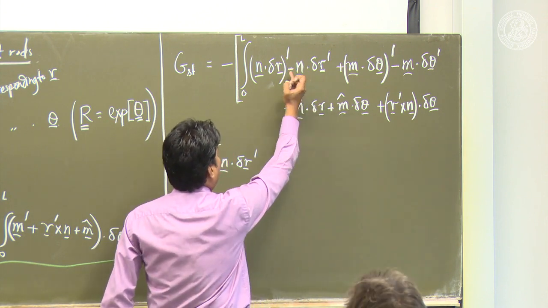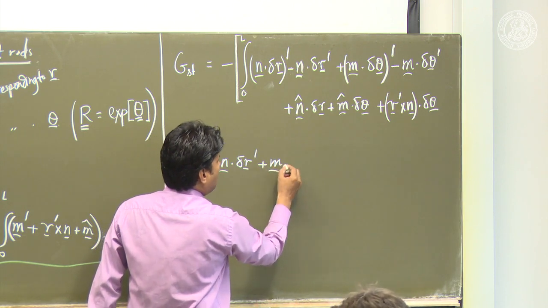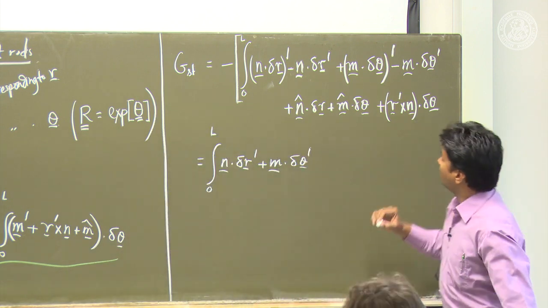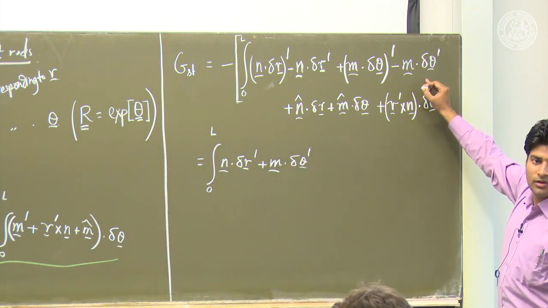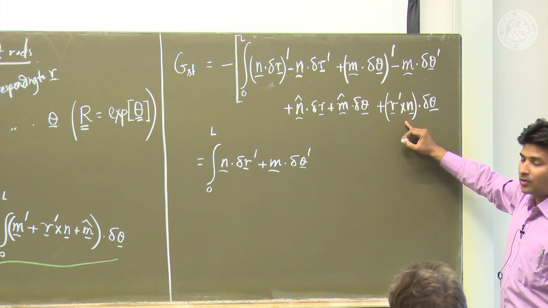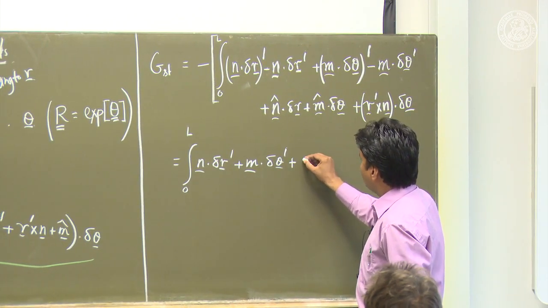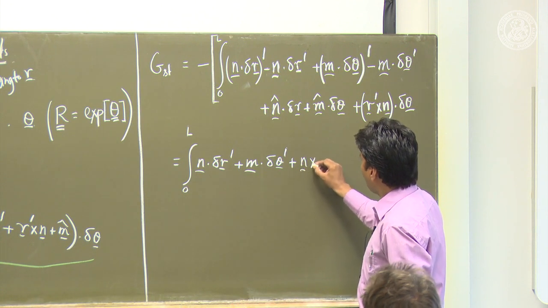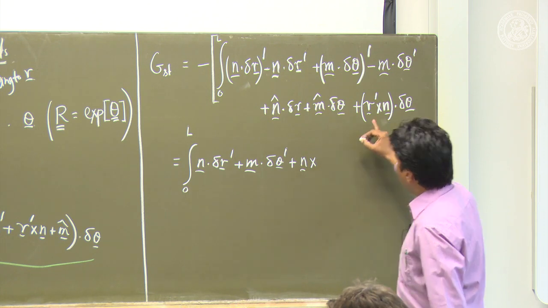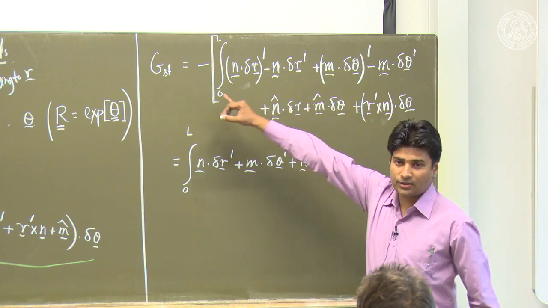I am writing this term here, minus minus becomes plus, plus m dot del theta prime, that is the term over here, and then I will write this term, little r prime cross n dot del theta with a minus sign.